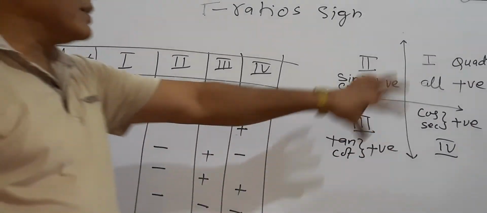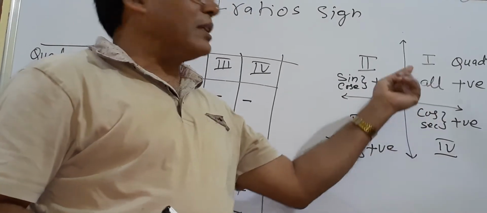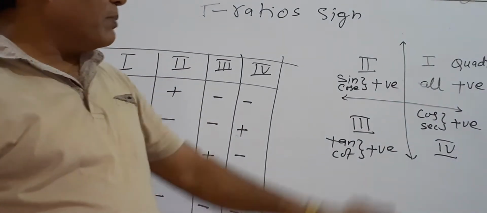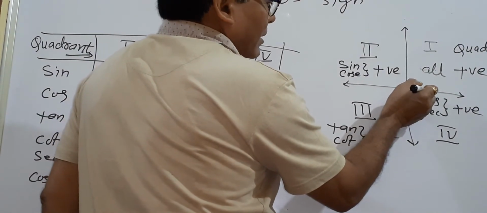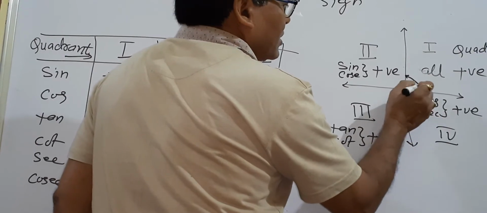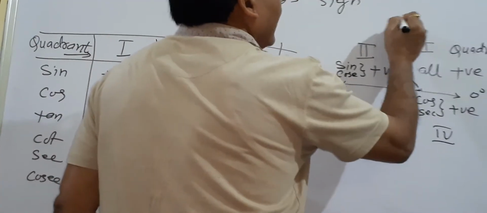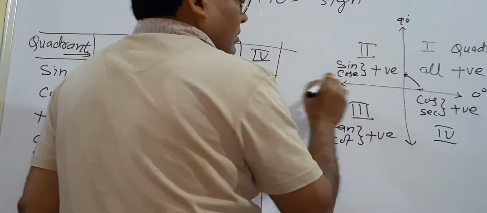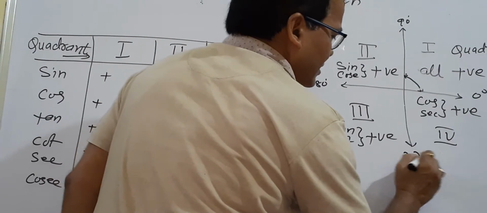Now, how will we decide in which quadrant a particular T ratio falls? It depends on the angle value. From here, the base up to here lies from 0 to 90. Here we can say 0 degree, 90 degree, 180 degree and 270 degree.